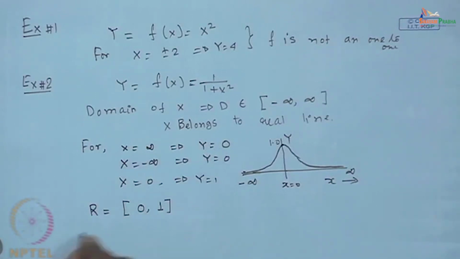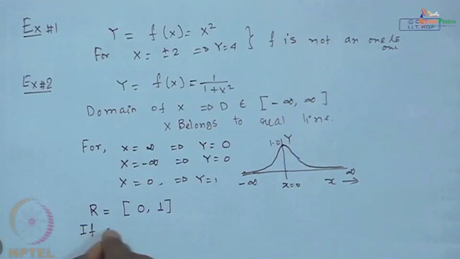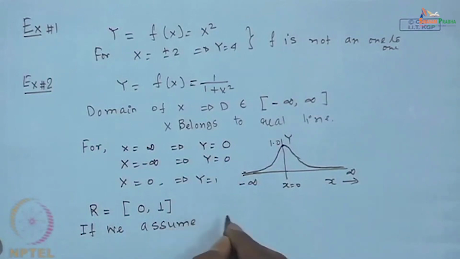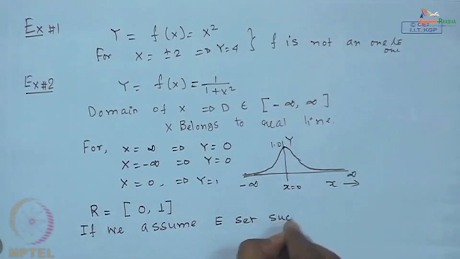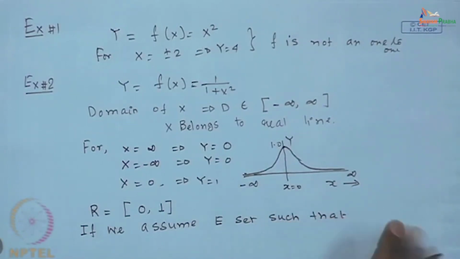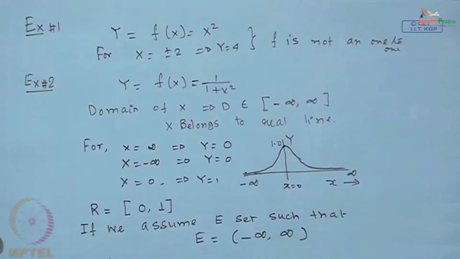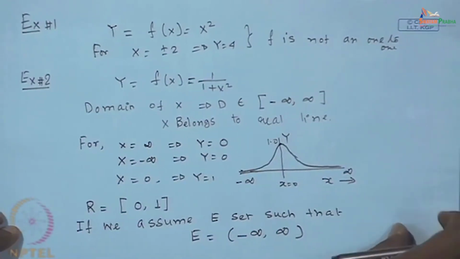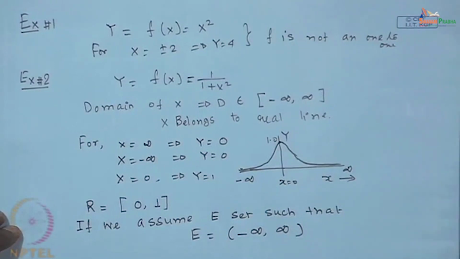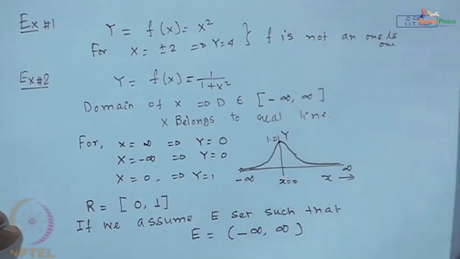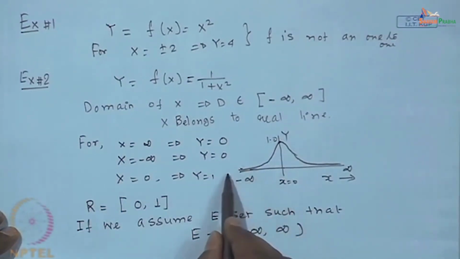If we assume the E set such that E comprises minus infinity to plus infinity, then we can see that the range set R is nothing but a subset of E, because E has minus infinity to plus infinity.